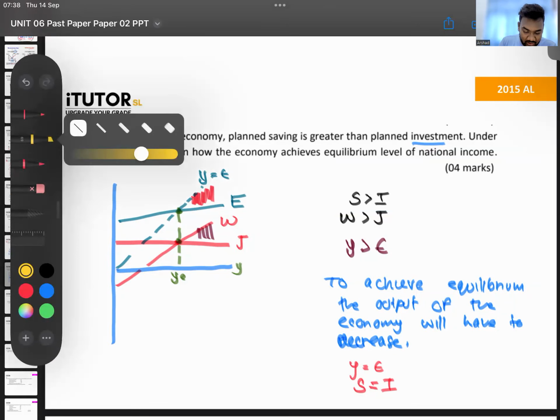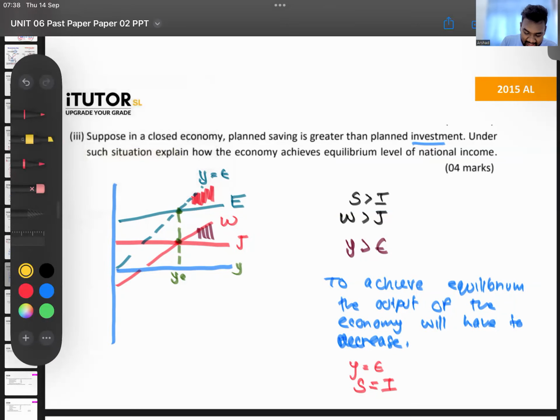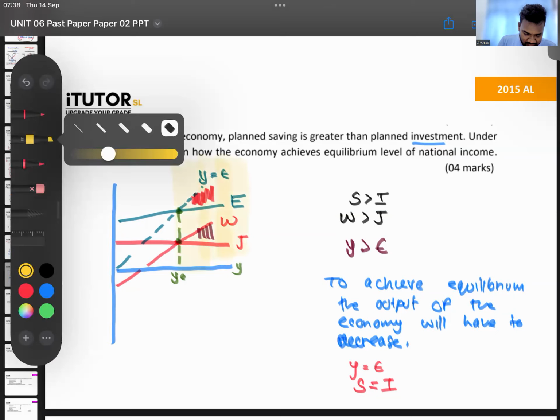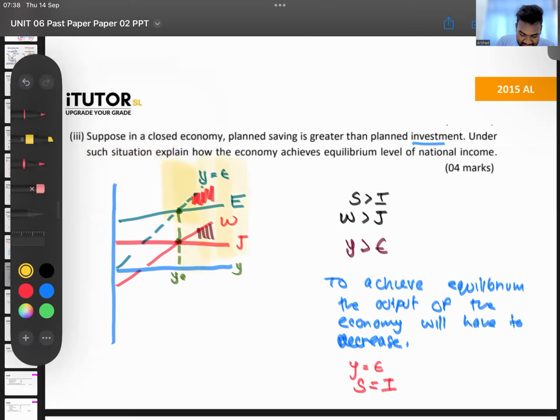If I am to shade, you're currently somewhere in this yellow shaded area in the diagram, where savings are more than investment. In other words, where Y is greater than E. So they are asking, in a situation like this, how will the economy reach equilibrium?